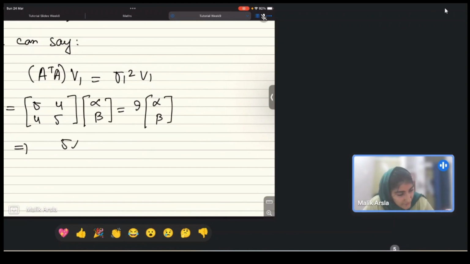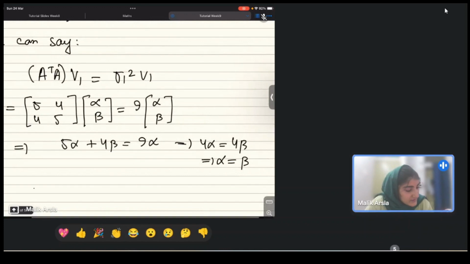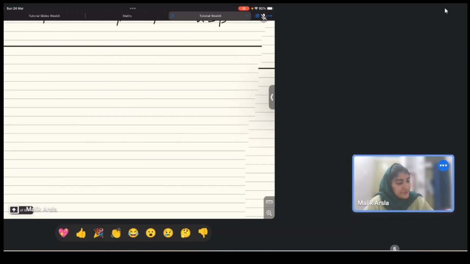Here it is 5 alpha plus 4 beta is equal to 9 alpha, which implies 4 alpha is equal to 4 beta, implying alpha is equal to beta. And the second equation is 4 alpha plus 5 beta is equal to 9 beta. It will again give the same result, that alpha is equal to beta.